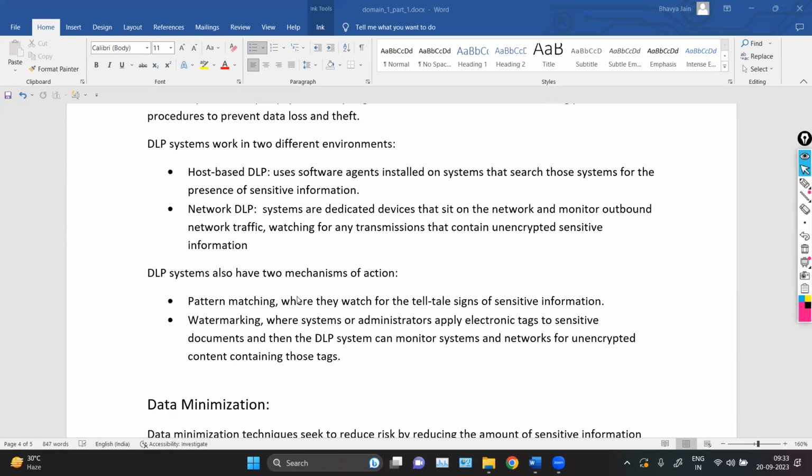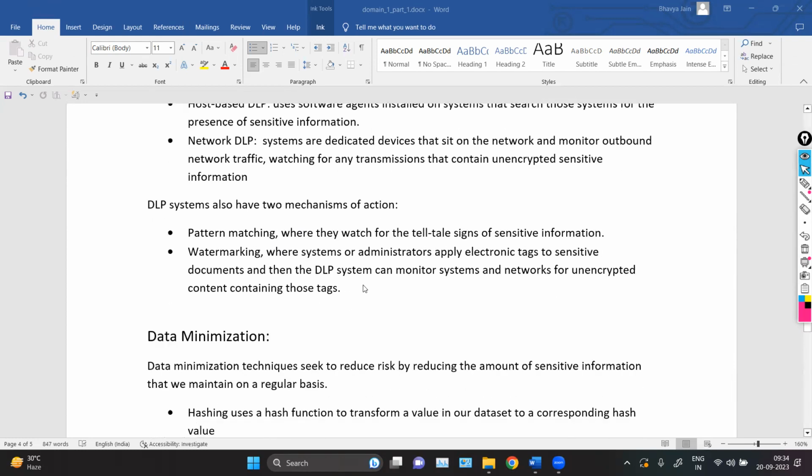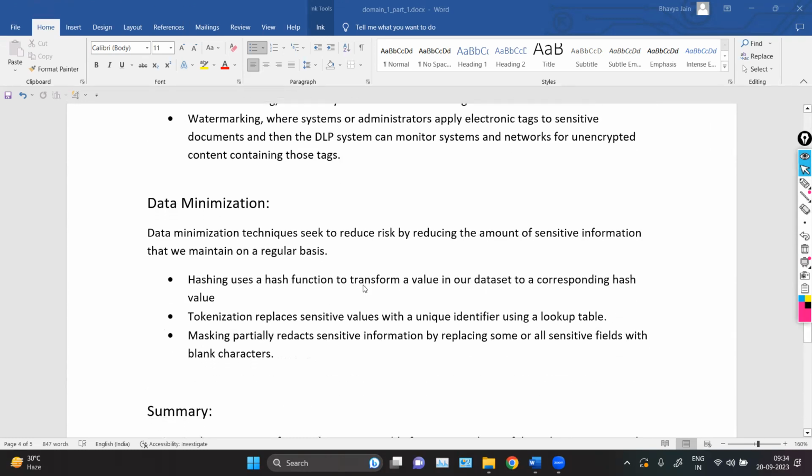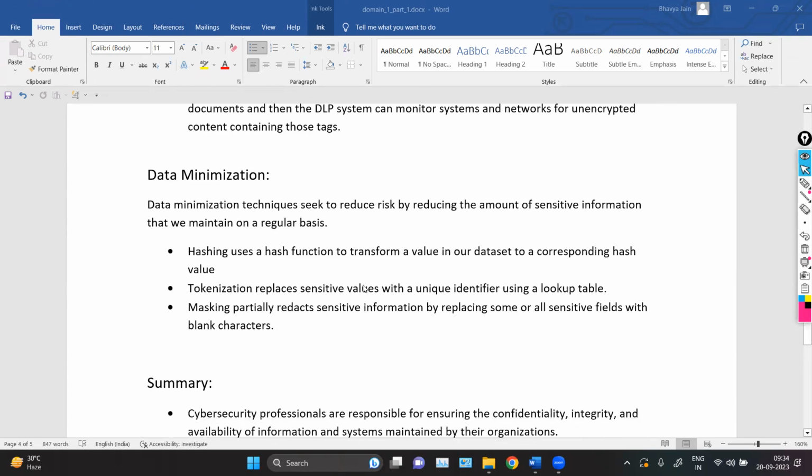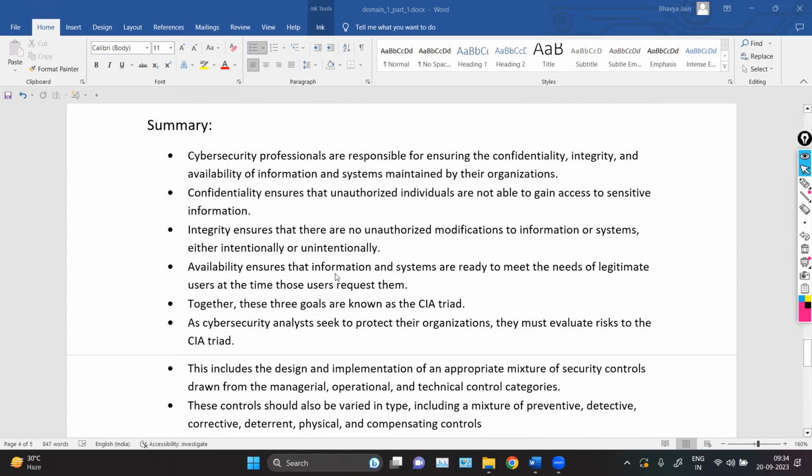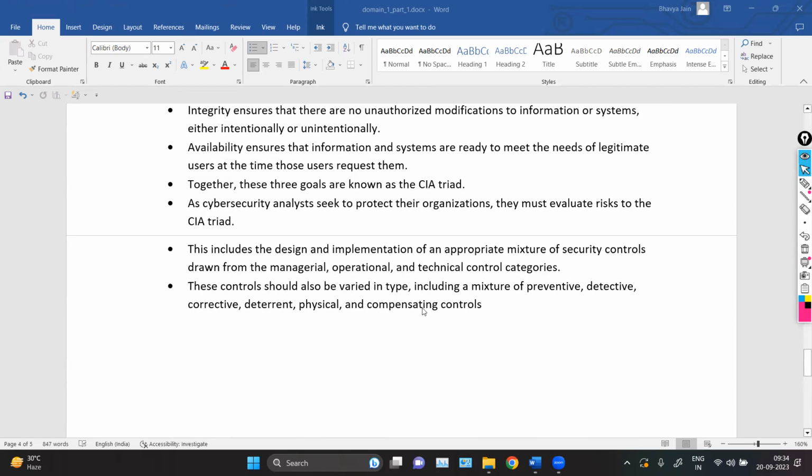DLP has two mechanisms: pattern matching and watermark. And then we have data minimization, which is reducing the sensitivity of your data by applying various techniques like hashing, tokenization, and masking. So that's it for this chapter.